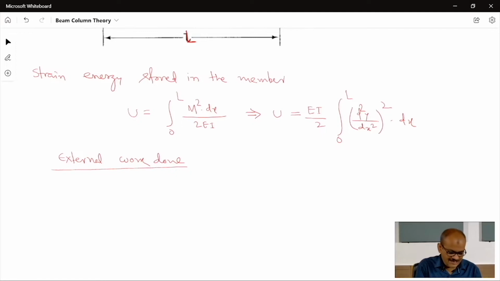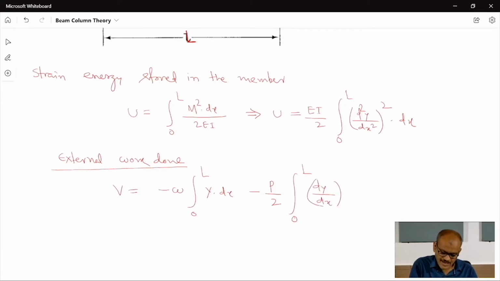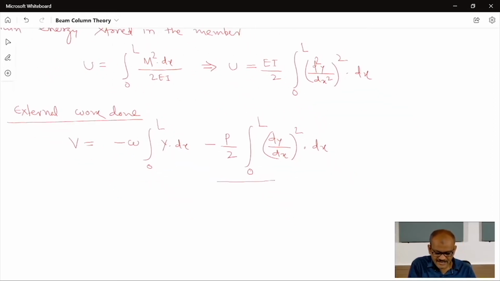You can write here external work done is equal to minus W into integrating 0 to L y dx, then minus P by 2 into integration 0 to L dy by dx whole squared into dx. There should not be any confusion in writing this expression. This is easy: load into deflection, that has been integrated, work done is equal to W into y, integrated 0 to L.